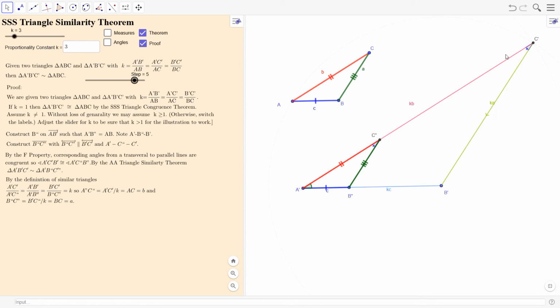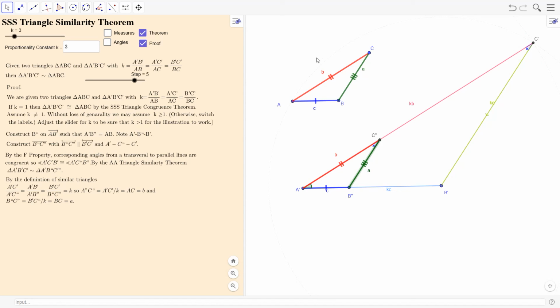So if we divide this length of the big side from A prime to C double prime by K, we're going to get this length here. And it turns out to be congruent to this one over here. It turns out to be B as well. And similarly, this side here has the length A, the same as that one.